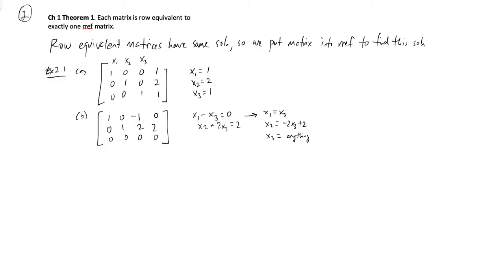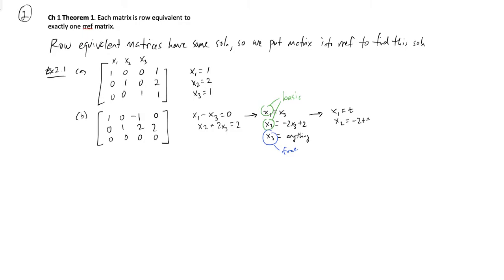And we call this x3, when we don't have a constraint, a free variable. And because x1 and x2 depend on x3, we're going to call them basic variables. So x3 is our free variable. And sometimes we'll replace our free variable with a parameter like t. So we'll write x3 as t, and then we'll relate everything to that t. So something like this.